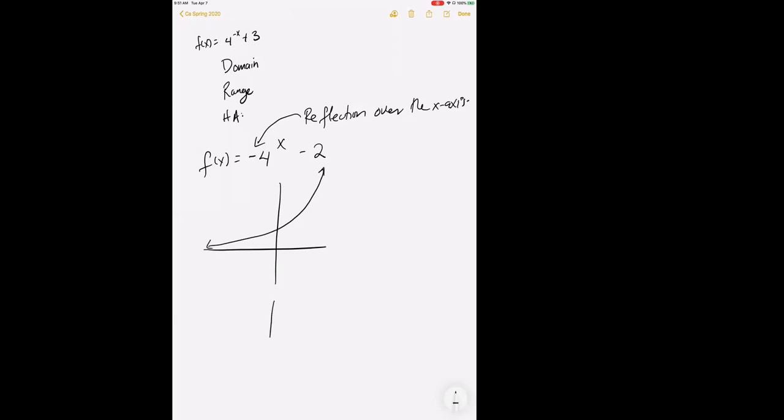After I reflect it over the x-axis, it looks like this. So this number right here is -1. So reflect. And then the -2 shifts the graph down 2 units.